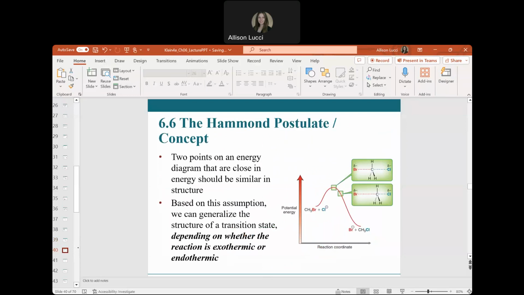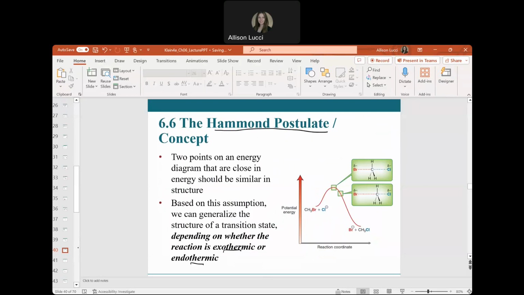So the last concept that we'll discuss is the Hammond postulate. The Hammond postulate tells us a little bit about what our transition state will look like. And we can also generalize, depending on whether or not a reaction is endothermic or exothermic, what our transition state would actually look like.